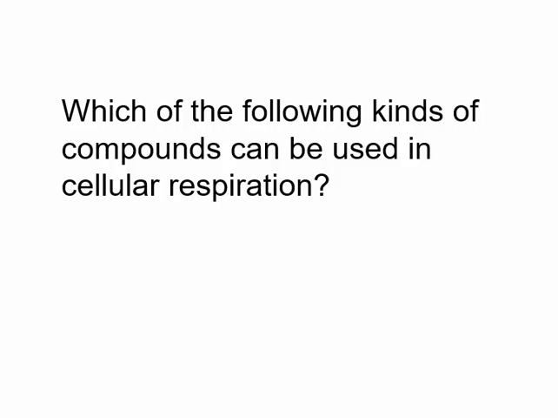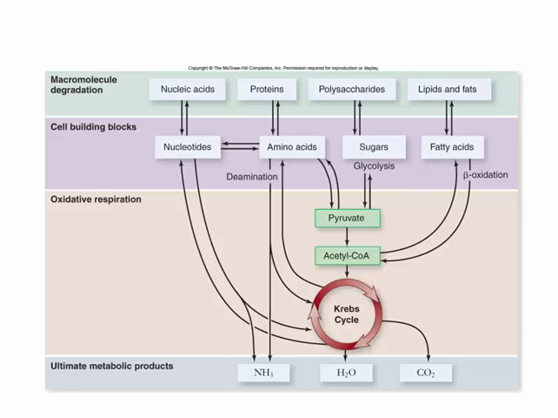So any of these kinds of macromolecules can be used in cell respiration. It's just they may feed in at a different place in glycolysis or the citric acid cycle. And we can see that here. So here are our different macromolecules being broken down and feeding in at different places, ultimately producing carbon dioxide in a lot of cases, water, and ammonia.